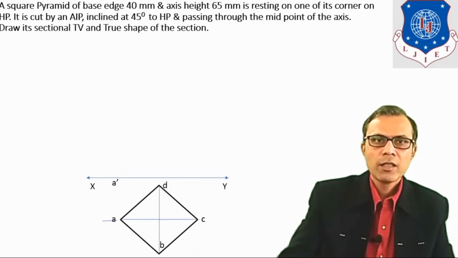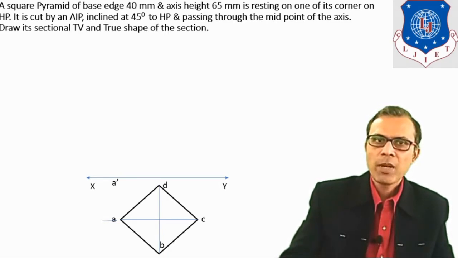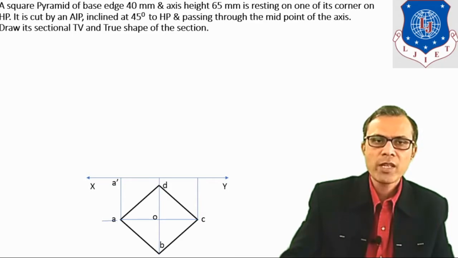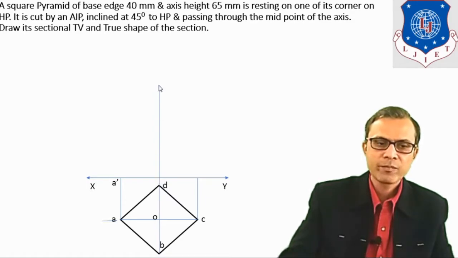Now locate the midpoint through which the axis of this pyramid passes. For that, join the diagonally opposite corners and mark that point as point O. Draw the projectors from all the points of the top view and also draw the projector from the center point O. On this projector is the axis, and the height of the axis is given as 65 mm, so take this height as 65 mm.